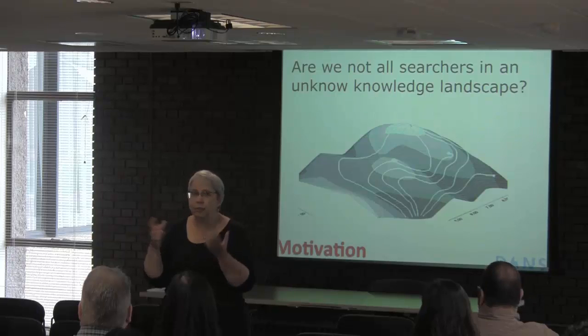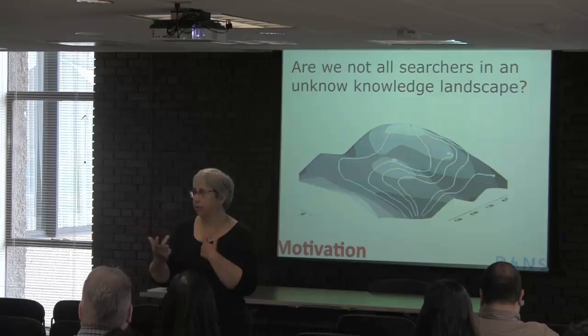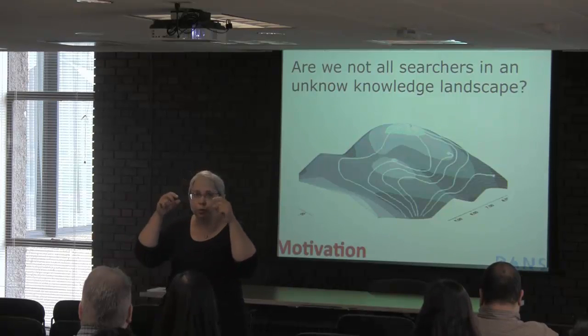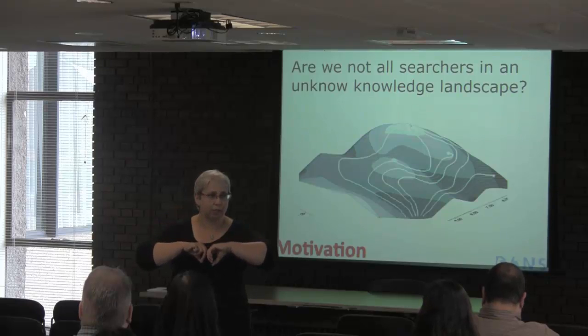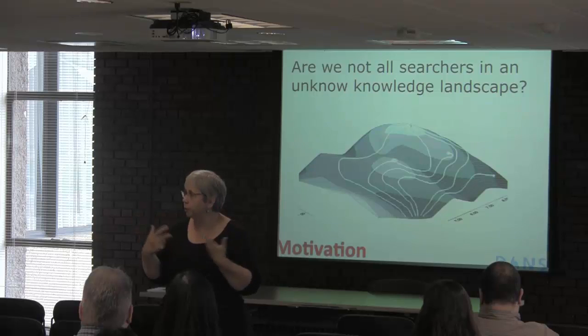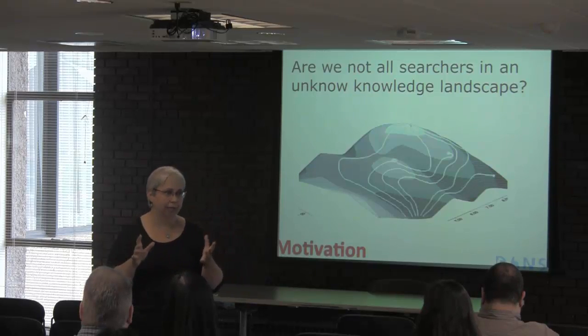It's not always the same we are searching for. Not for every person does the space look the same. And even two persons in the same situation might have a different perception of the problem space in which they move. So it's highly, highly complex.